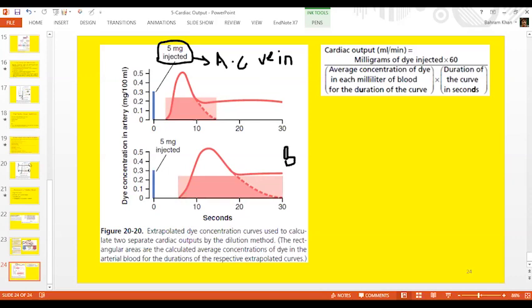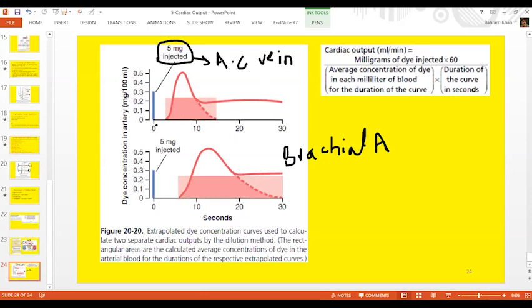We have injected the dye in the antecubital vein, and we will take arterial samples from the brachial artery, and we will measure the concentration of that.